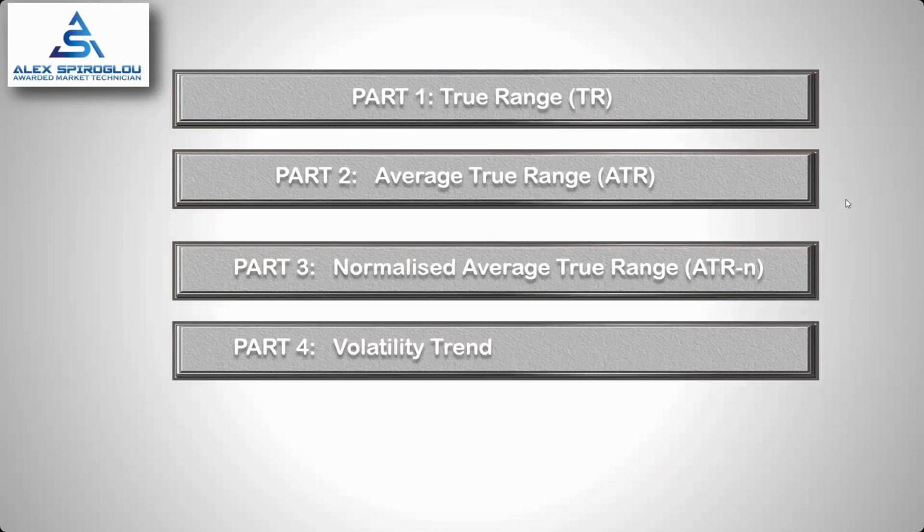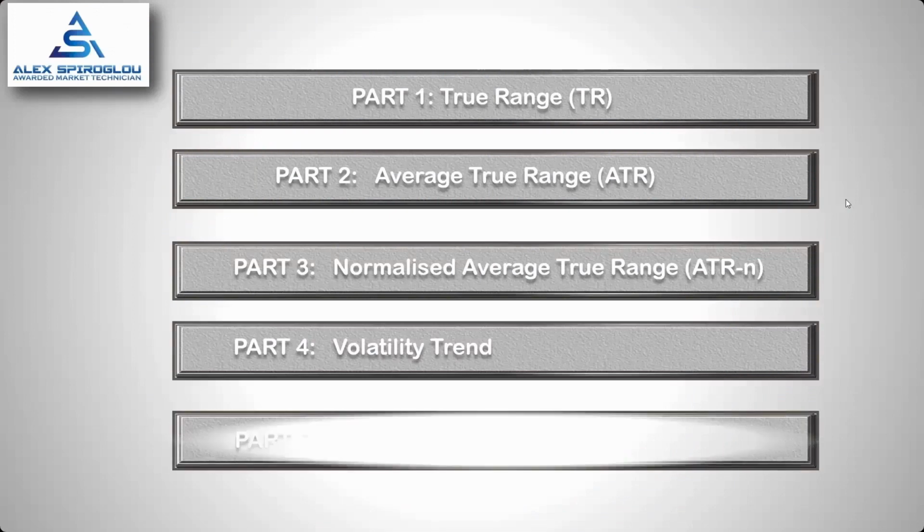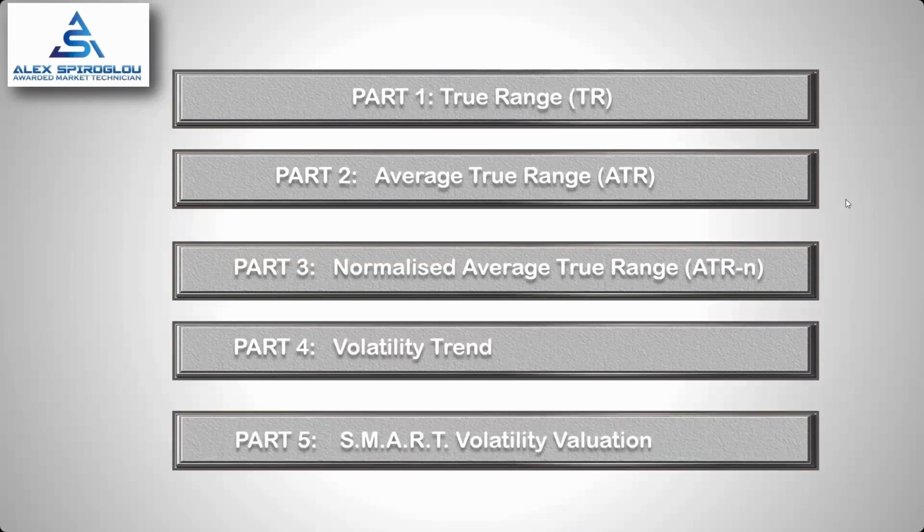Which brings me to the next point, which I feel I may have jumped ahead to a bit: volatility valuation. With volatility trend, we talked about whether it's going up or down. With volatility valuation, this is the part of the presentation where I should be answering whether volatility is high or low, because the trend will tell you if it's increasing or decreasing.